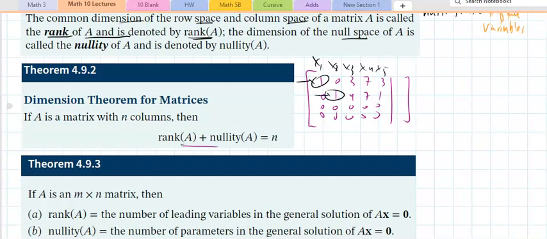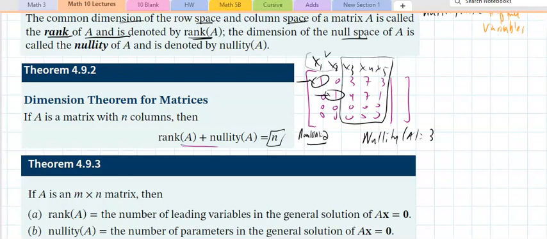So I'd say the rank of A in this case is 2. Now what does that mean? The remaining 3 would be the nullity. They both must add up to the total number of variables or columns. And of course, if the rank is 2, that means you have 2 column vectors and 2 row vectors.